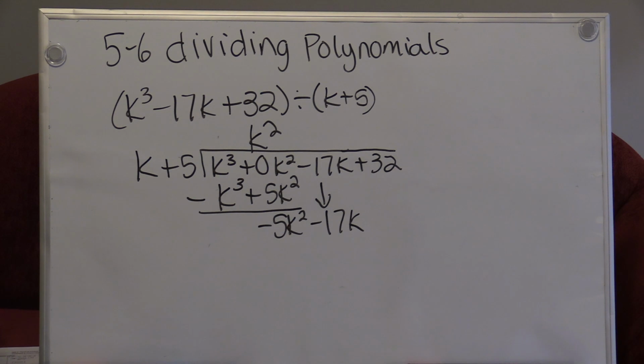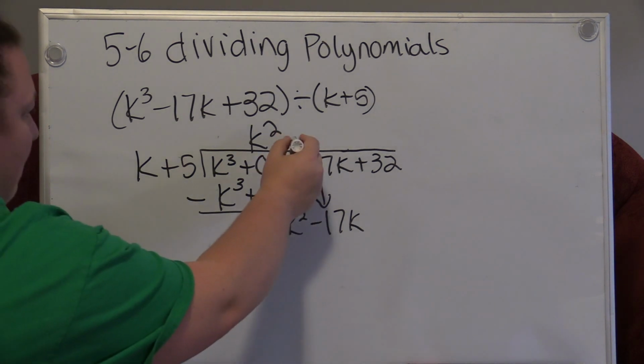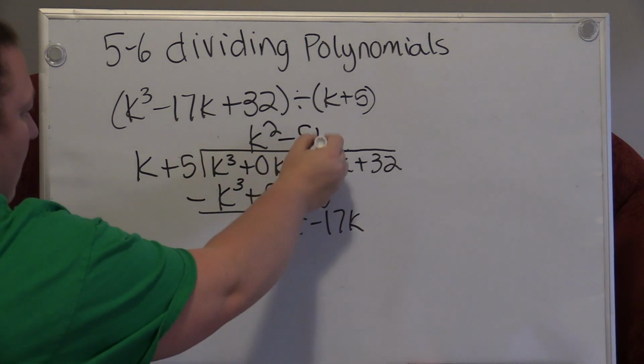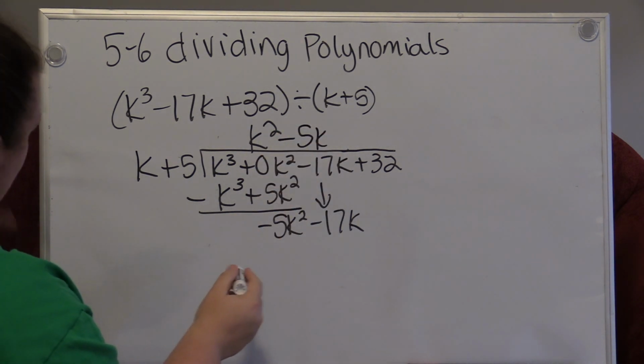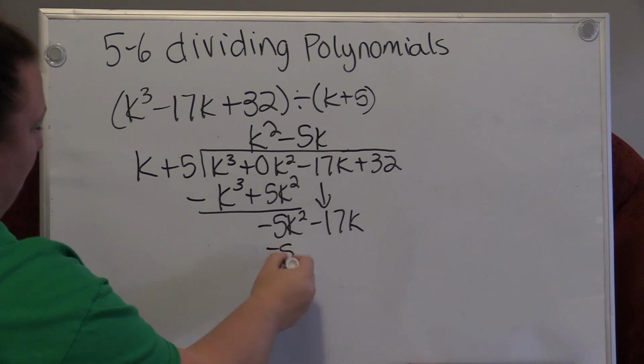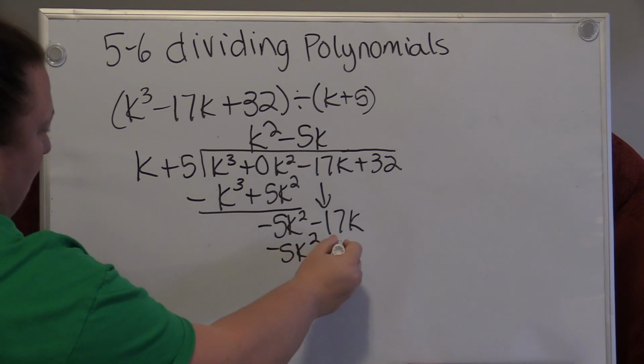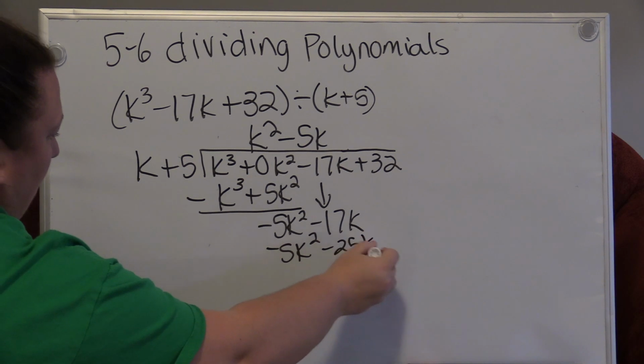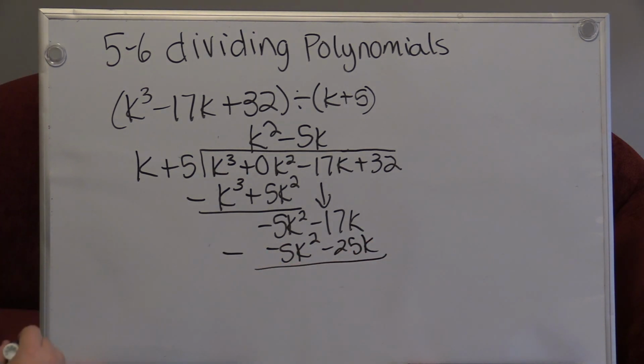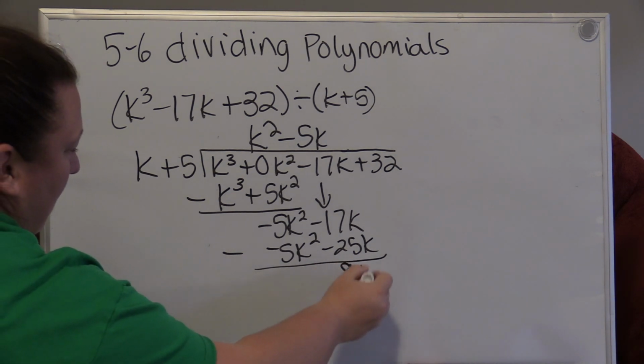And we divide again. So k times what is negative 5k squared? It's negative 5k. I multiply. I get negative 5k squared minus 25k. I subtract. And negative 17k minus negative 25k is 8k.